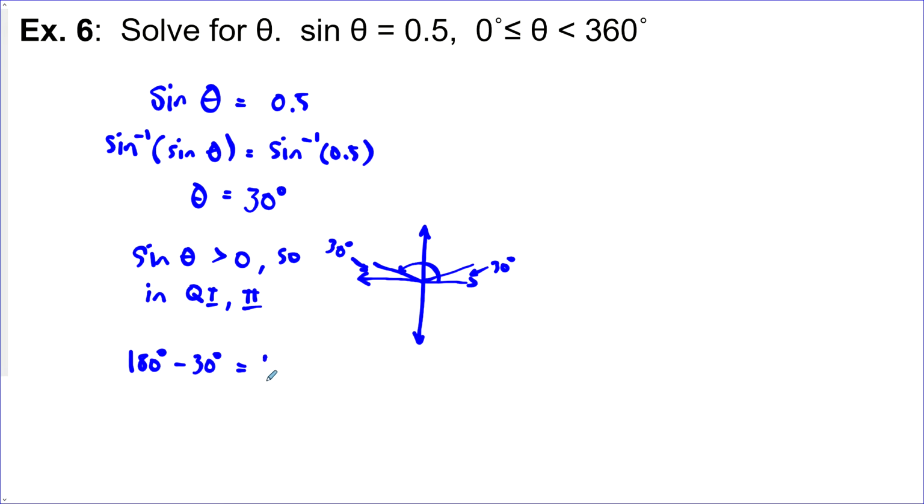And that's the other answer that your calculator is not going to give you. And that's why you really need to know these trigonometric rules. Okay, so 30 degrees and 150 are two answers that fit in this domain restriction.